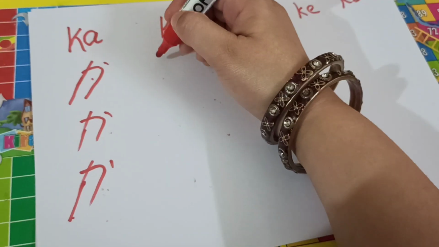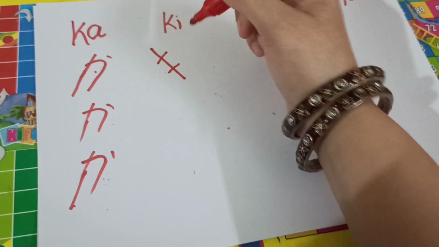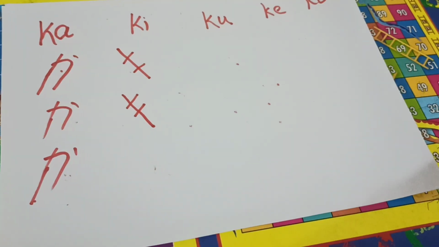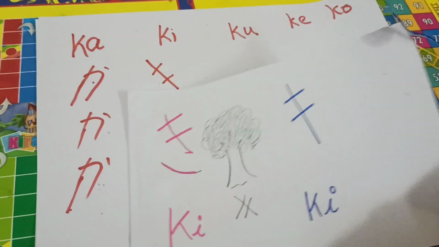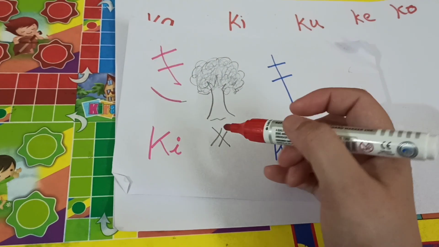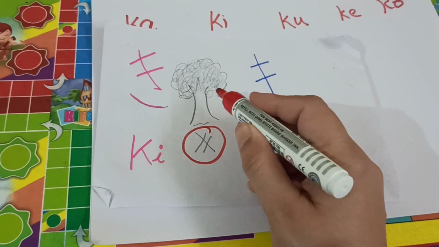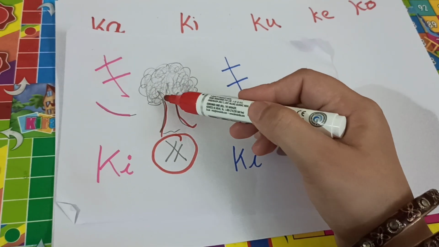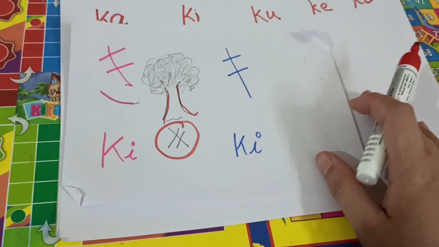Next one is Ki. Ki is for tree. A tree is called ki in Japanese.